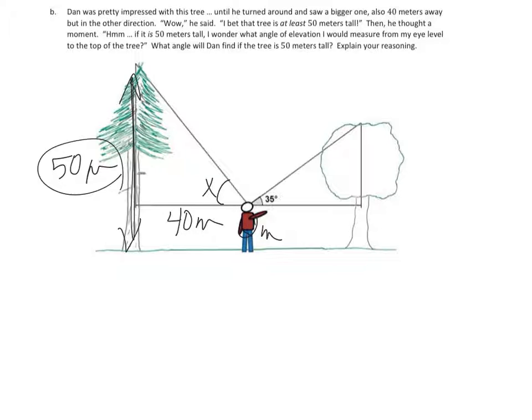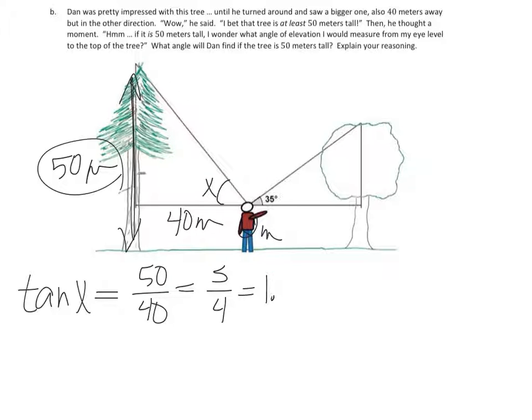So, again, tan of x, because we don't know the degrees, is opposite over adjacent, which is 5/4, which is 1.25. So tan x equals 1.25. Well, we don't know what x is, and it's hard to get there, but that's actually what we're going to learn.